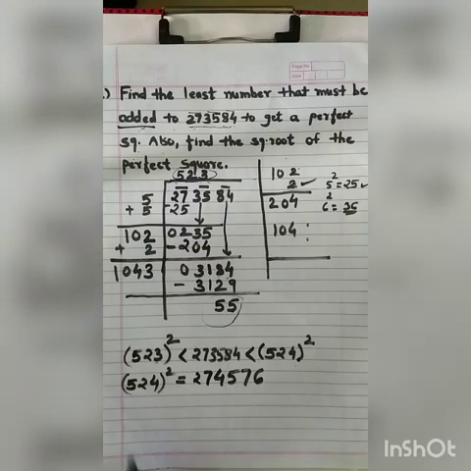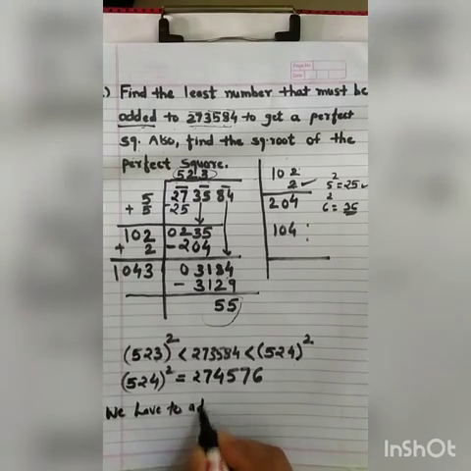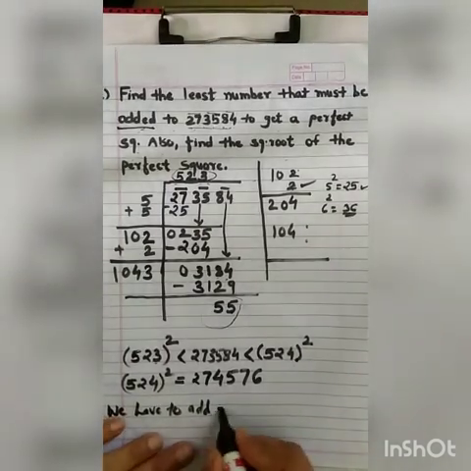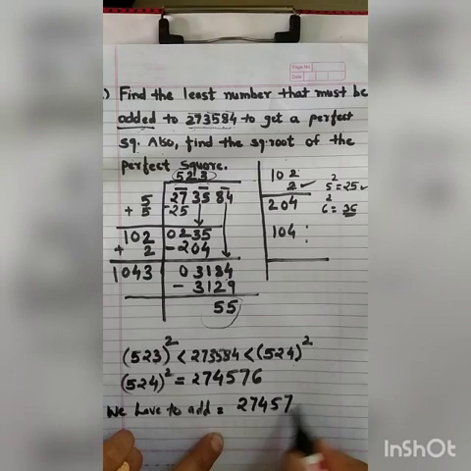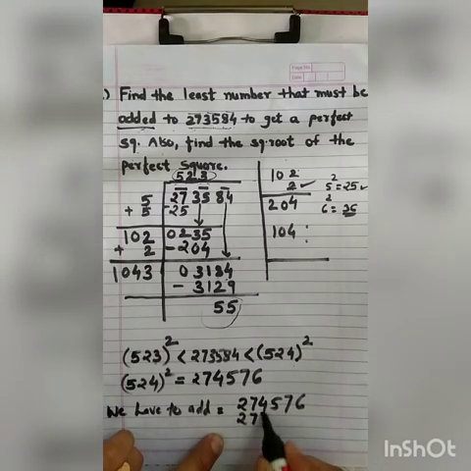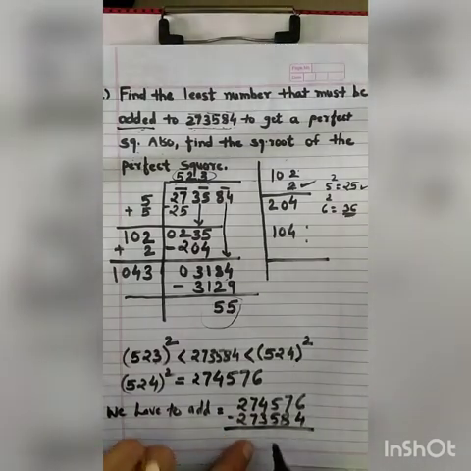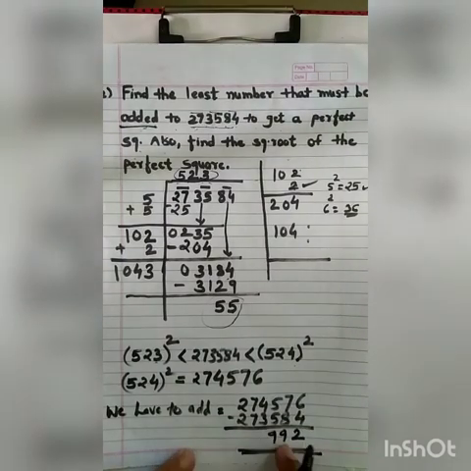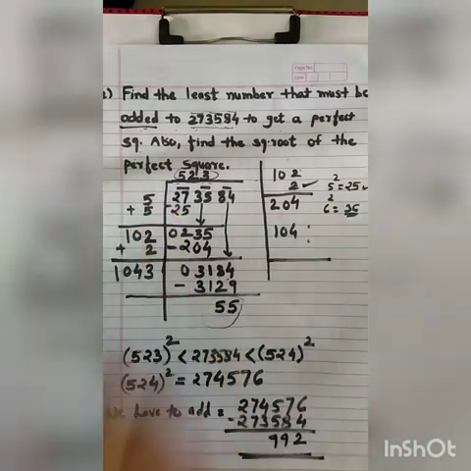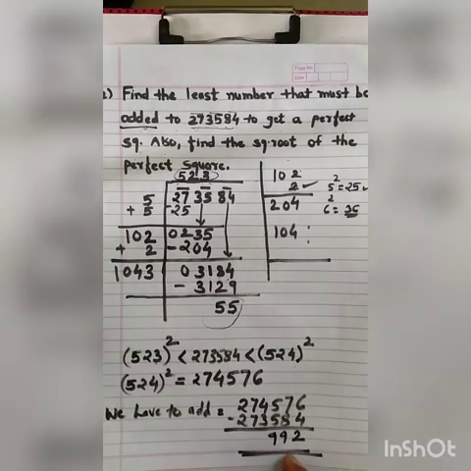So what do we have to add? The difference of the square of 524 and the given number 273584 is 992. So we have to add 992 to make it a perfect square number.